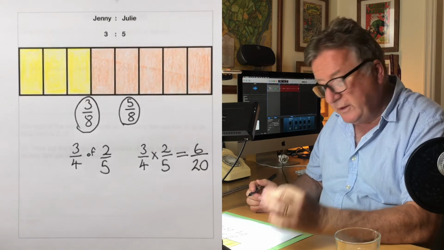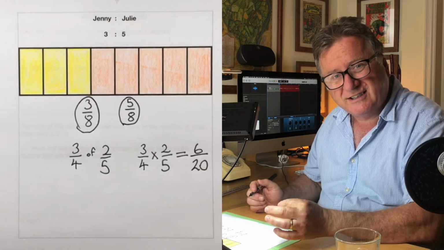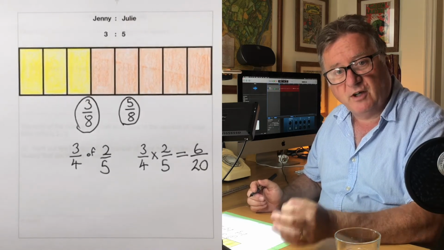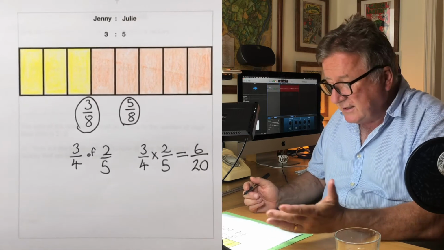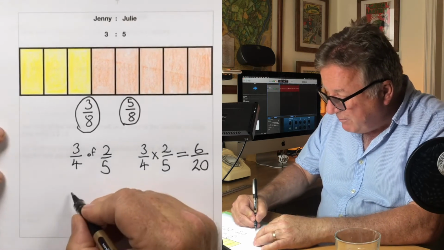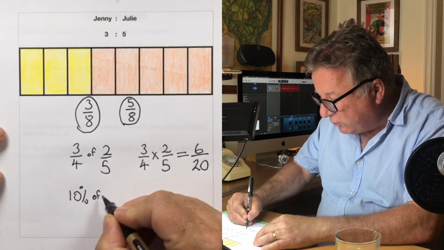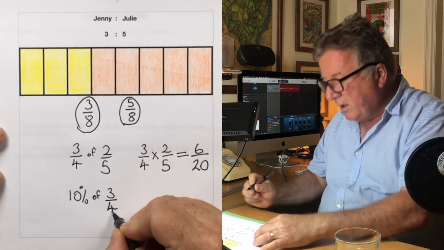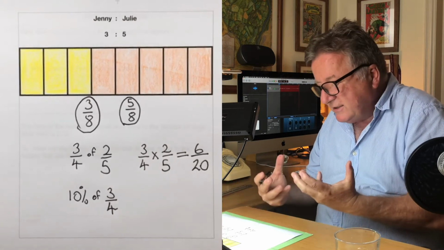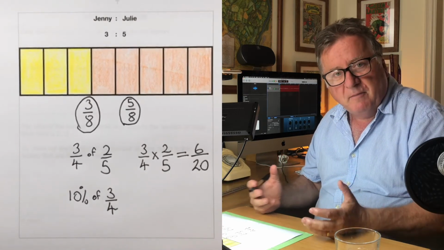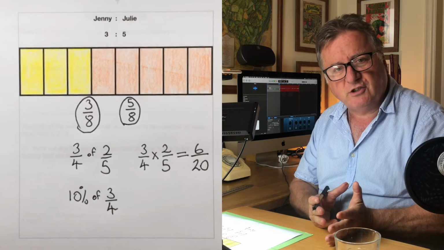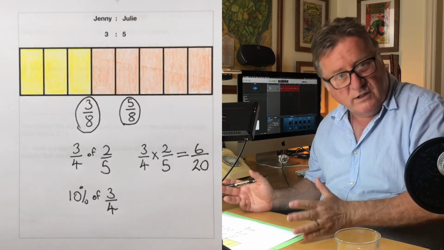So if you're good with finding fractions of fractions, it's a small step to find a percentage of a fraction. Let's find 10% of 3/4. Okay? Now again, we're going to think of the of as multiplying, but 10%, let's change it to a fraction. 10%, 1/10.